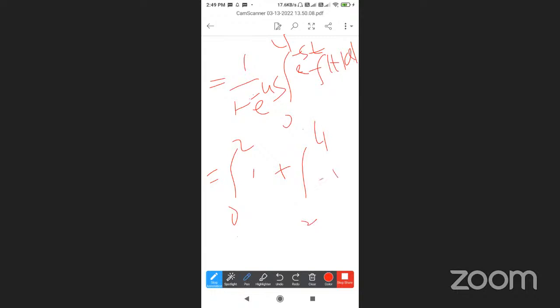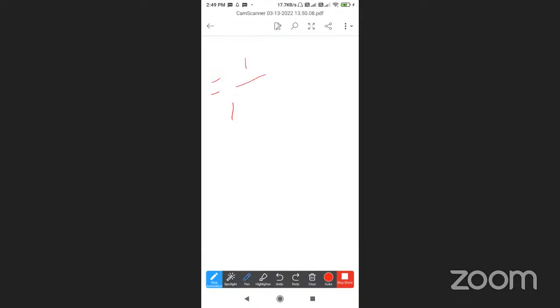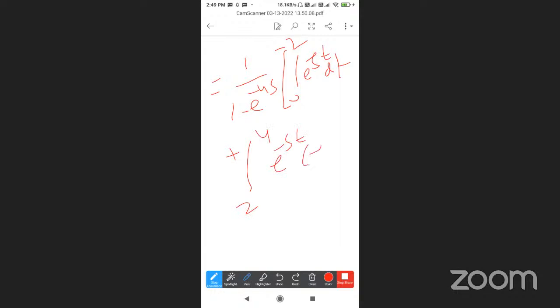So simplified, 1 by 1 minus e power of minus 4s is common, integral 0 to 2 of e power of minus st dt plus integral 2 to 4 of e power of minus st into minus 1 into dt. The integration of e power of minus st is e power of minus st by minus s.